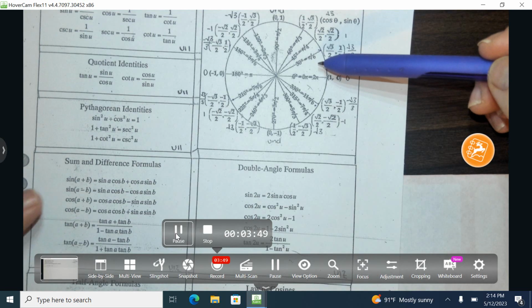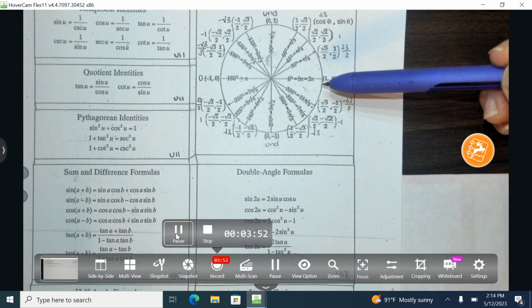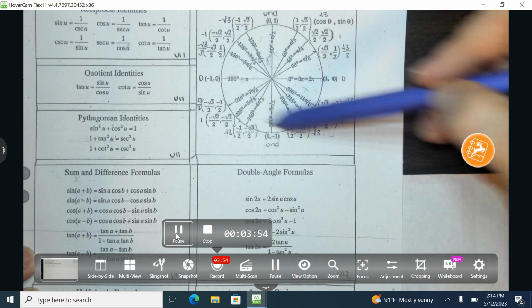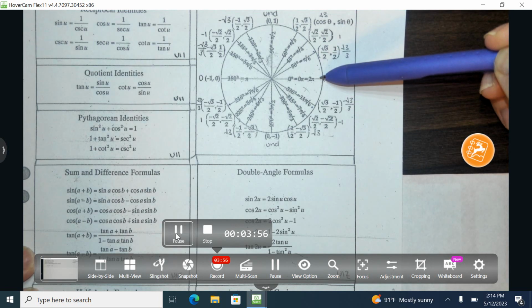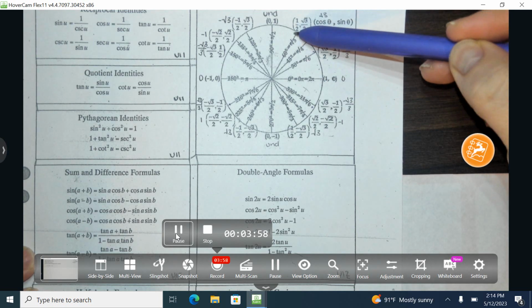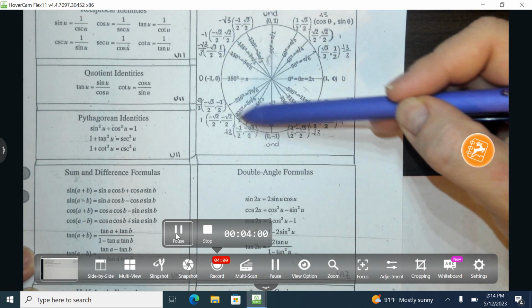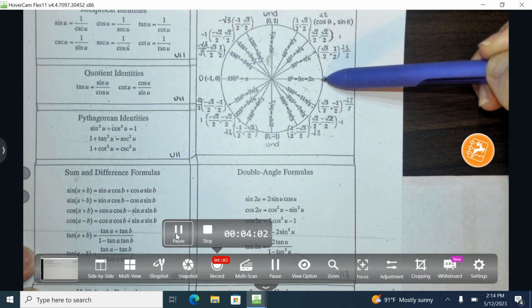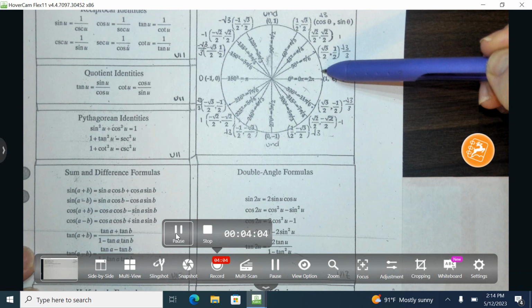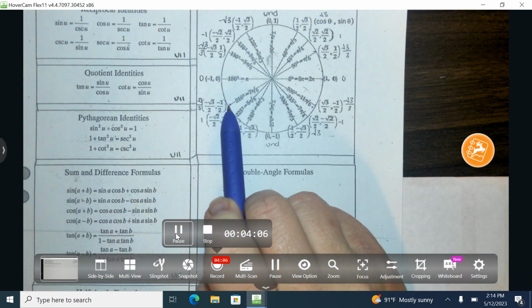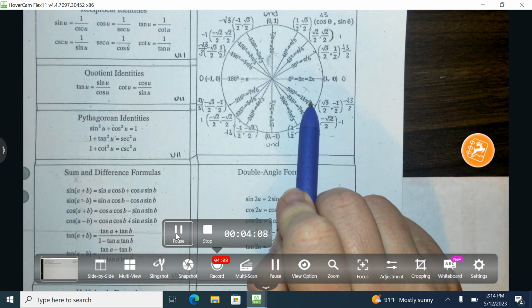So there are 12 of these sectors, like pieces of pie, in one revolution. If you're wondering where they are, we have 1/6, 2/6, 3/6, 4/6, 5/6, 6/6, 7/6, 8/6, 9/6, 10/6, 11/6, and 12/6. So one revolution is 12. Now my answers were here at 7 and over here at 11.